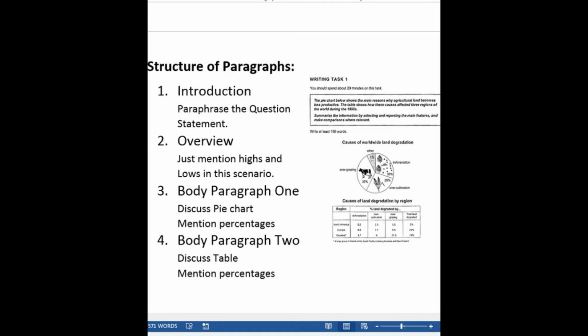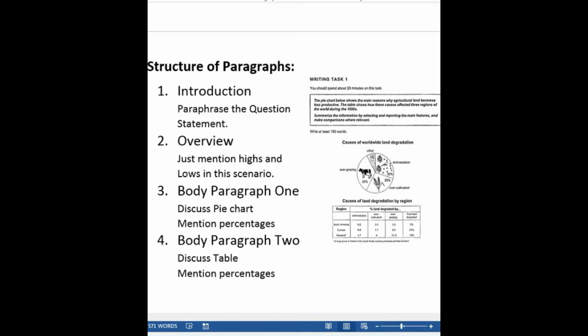In the introduction paragraph we will paraphrase the question statement. Let's see in a while how we produce the introduction paragraph here. And one more thing, we will review the vocabulary or lexical resource we have used in this report after going through these 4 paragraphs one by one.